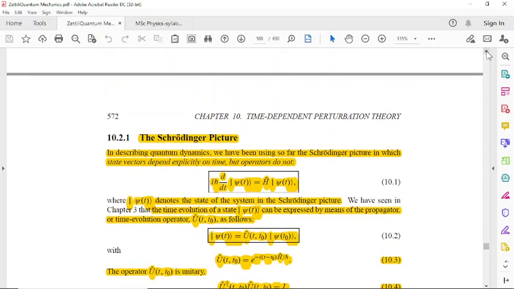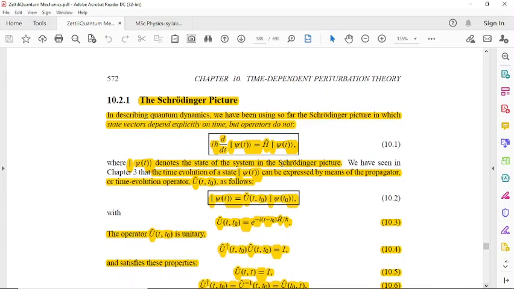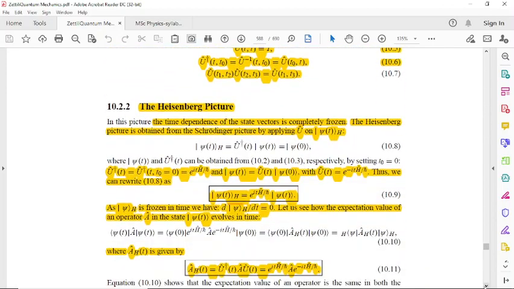Then the Heisenberg picture. In the Schrodinger picture, we have seen the state vector depends on time, while the operator does not depend on time. So this is the equation of motion in the Schrodinger picture. And now we are going to the Heisenberg picture. In the Heisenberg picture, the time dependence of the state vector is completely frozen.